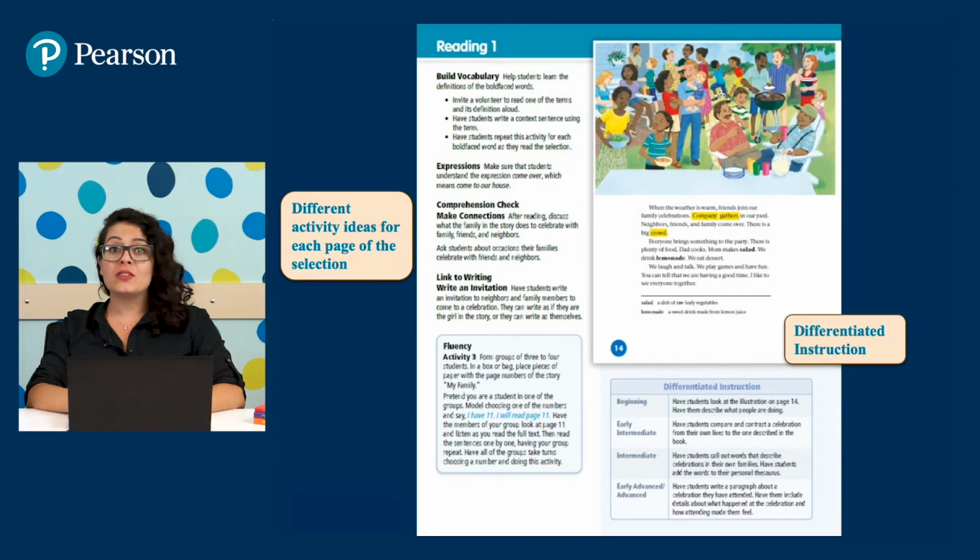On some pages of the reading selection, you will see a differentiated instruction box, which will help you differentiate your teaching among different levels of students. You may see activity ideas for beginning, early intermediate, and early advanced or advanced learners. These boxes are also provided for writing and speaking tasks.